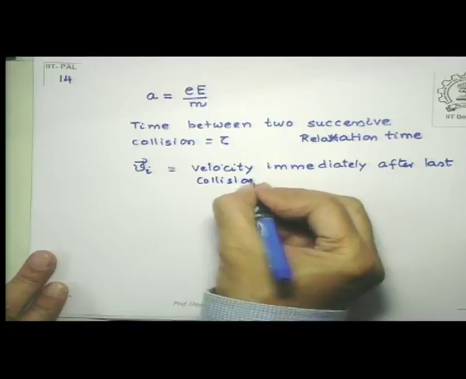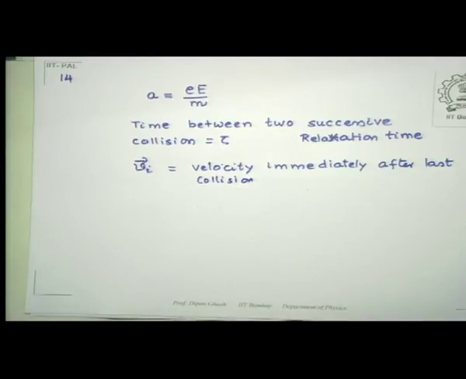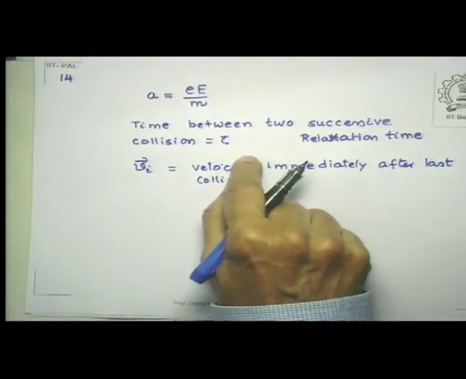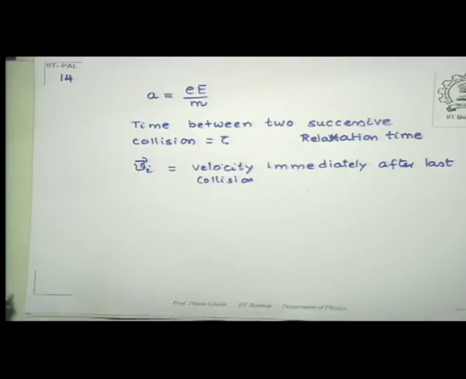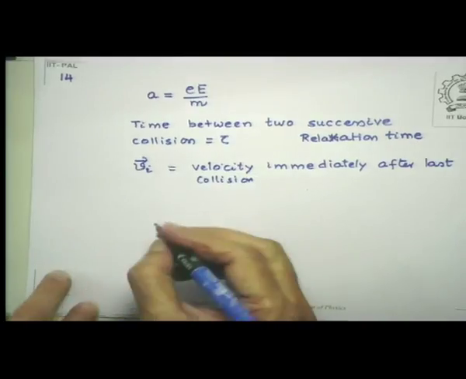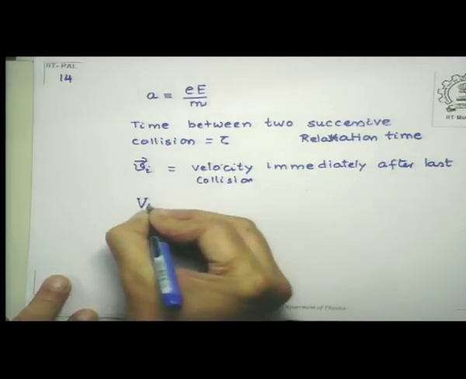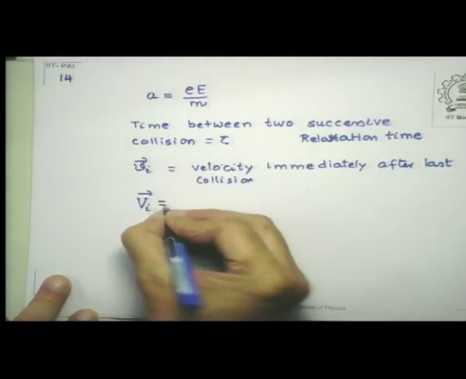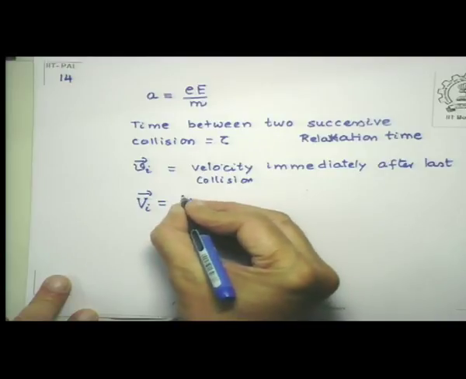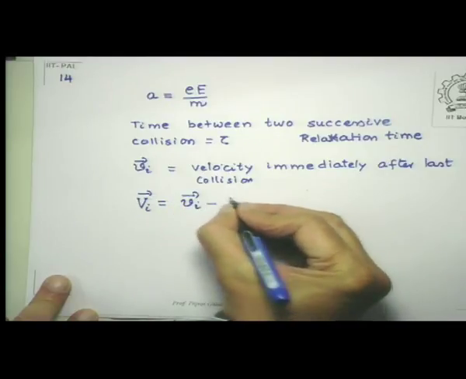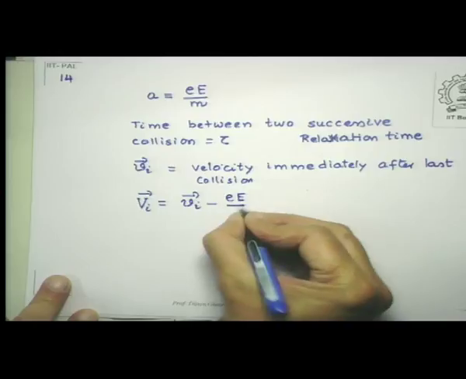Then in time t, which is less than tau, because in time tau on an average there would be another collision, but before the next collision occurs, the velocity, let us call it by capital V, is given by the usual formula Vi minus eE over m into t.